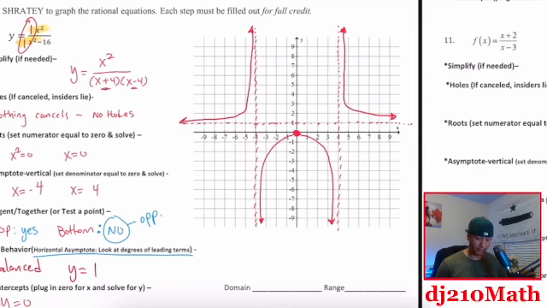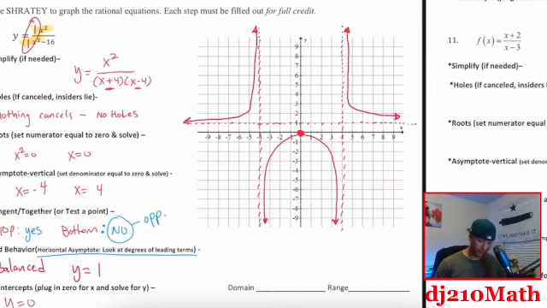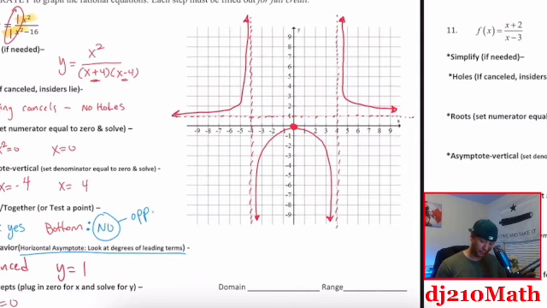Now the domain and range. The domain, there's a couple different ways to look at this. You could say the domain is all real numbers, but minus, or take away, the asymptotes.